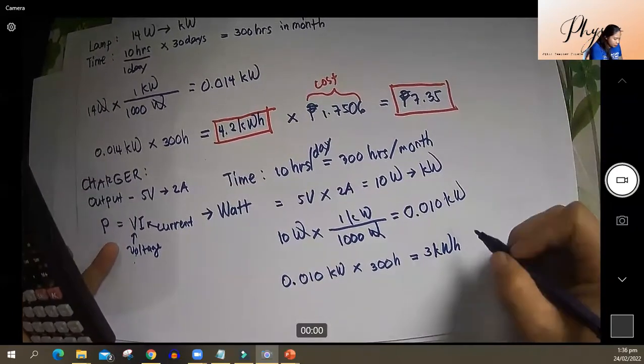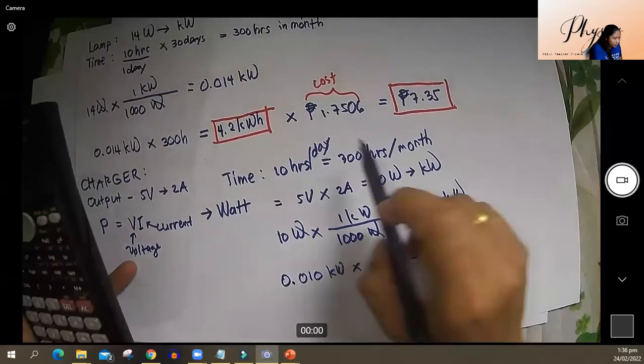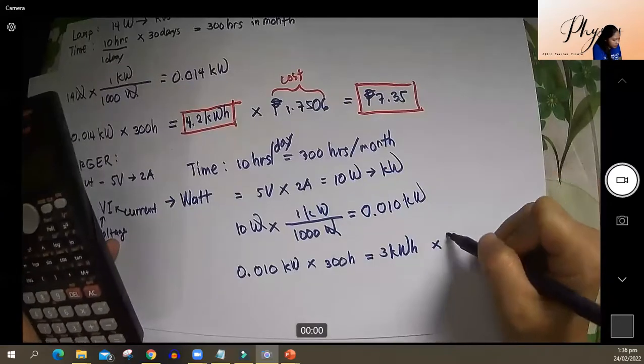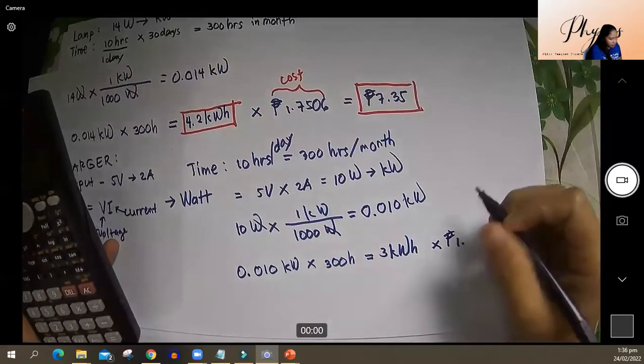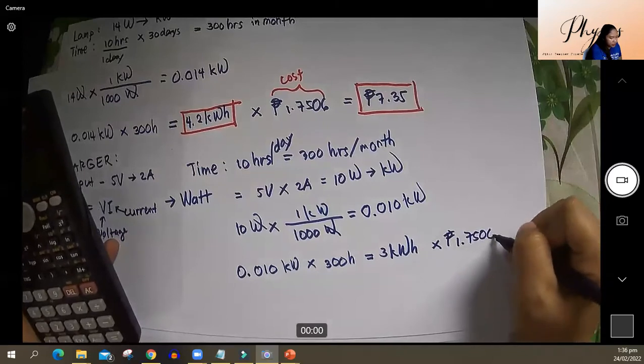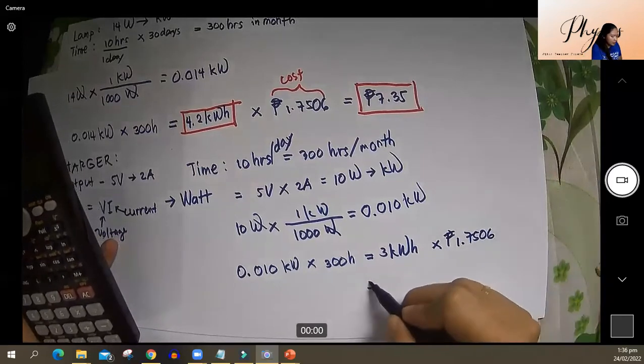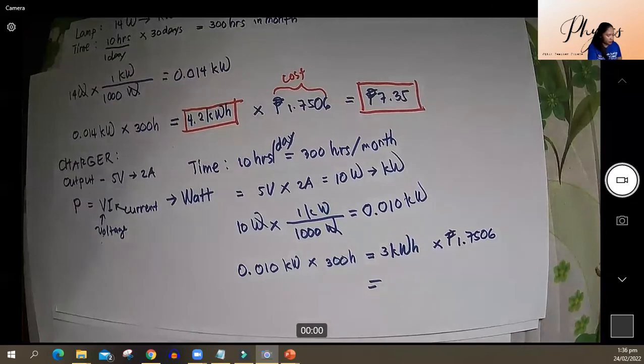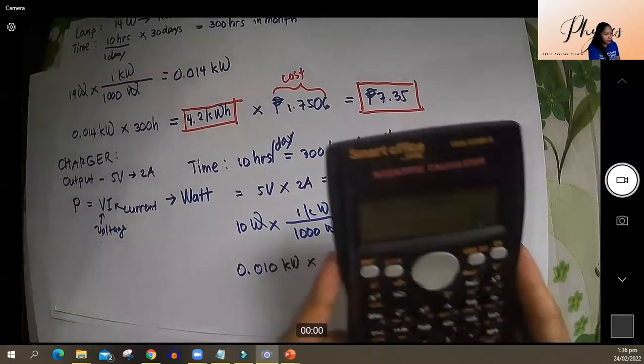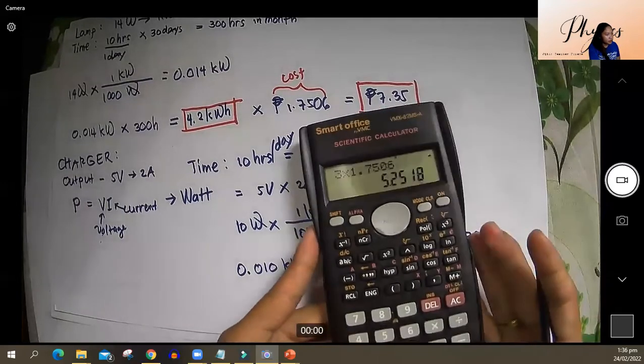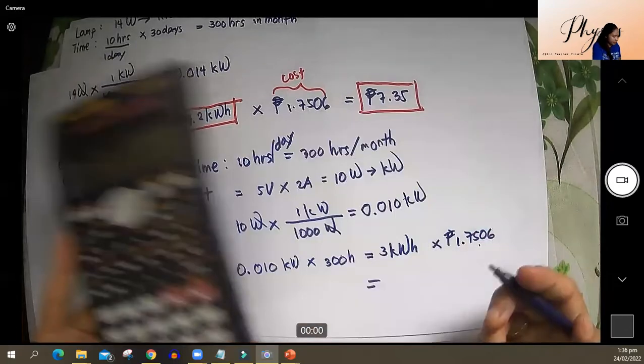But still, we have to multiply this one with the cost, which is 1.7506. How much do we have to pay for charging the phones? 3 times 1.7506 will give us 5.25.